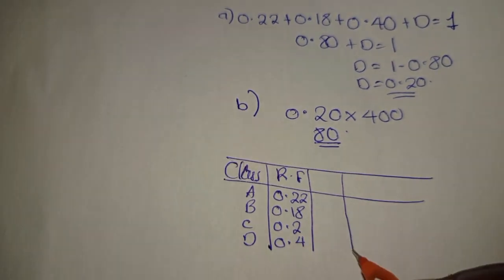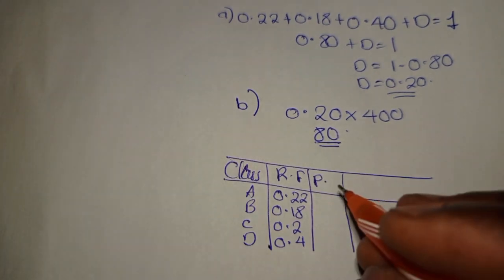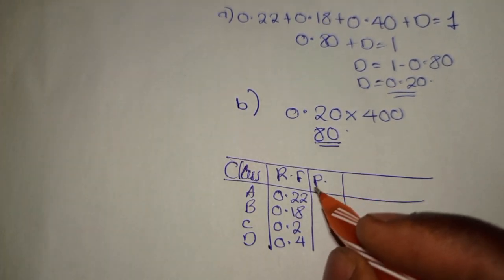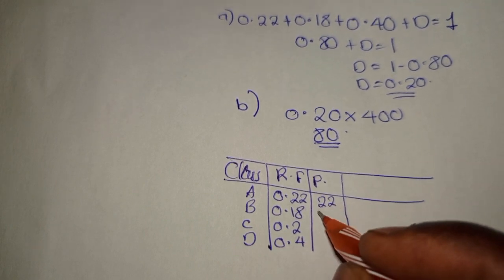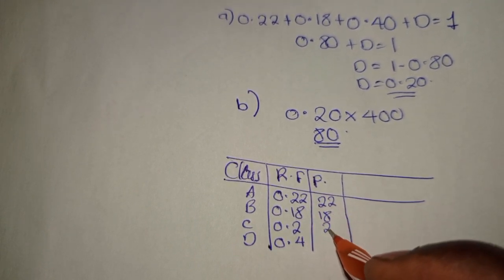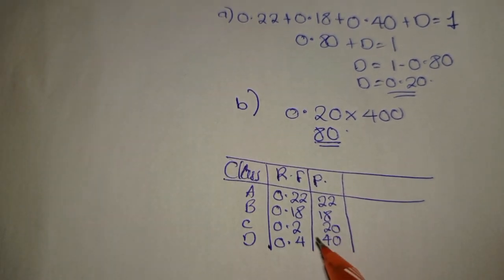Then you have the percentage frequency. Remember, to get the percentage, you multiply this by 100 and you have 22%, 18%, 20%, and 40%.